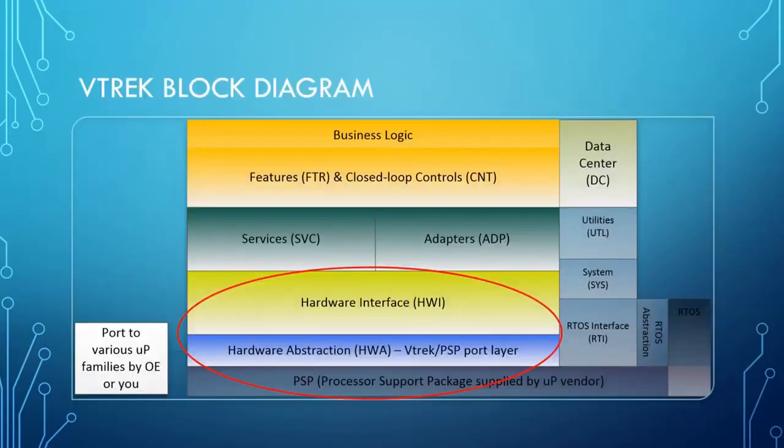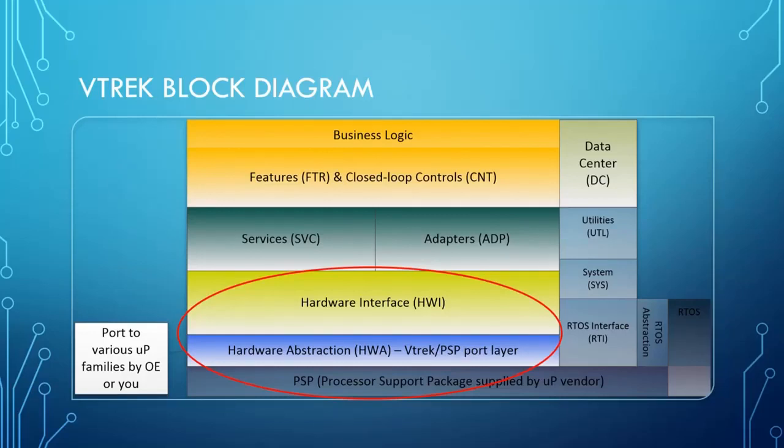So this block diagram is the one that we use throughout the training series, and we keep it pretty much in this shape so that it becomes recognizable. And I want to go through each of the blocks in here so that we've got some definition on what they all mean. And starting at the bottom, three blocks are really working together to provide an interface to the rest of the Vtrek framework.